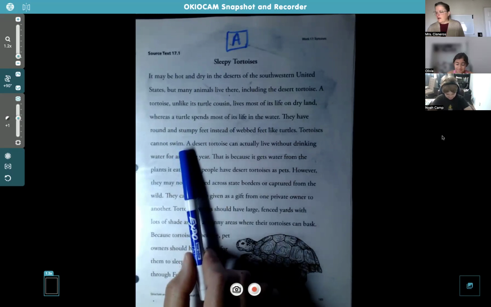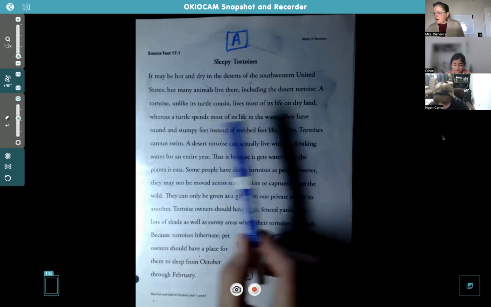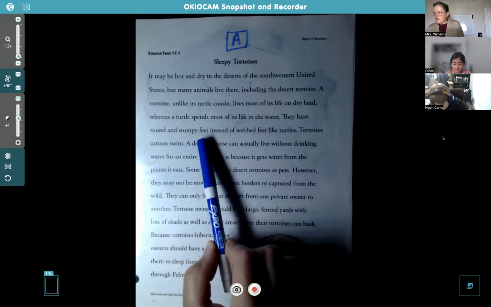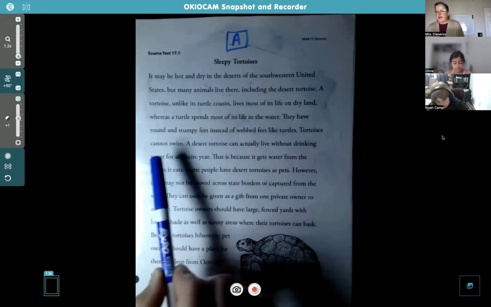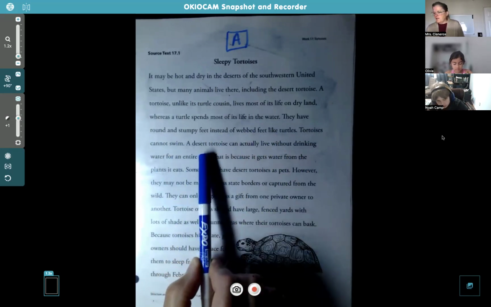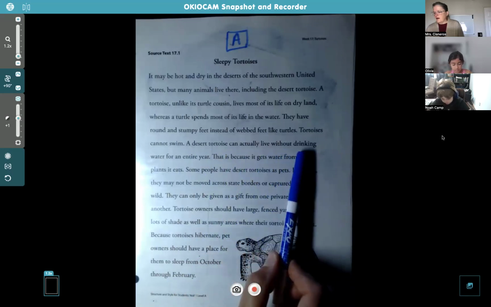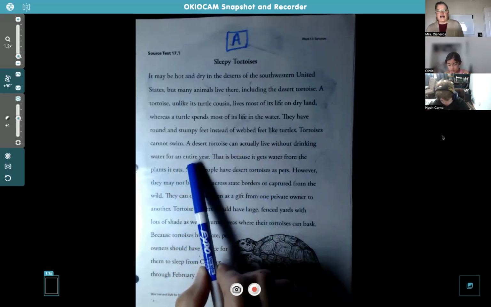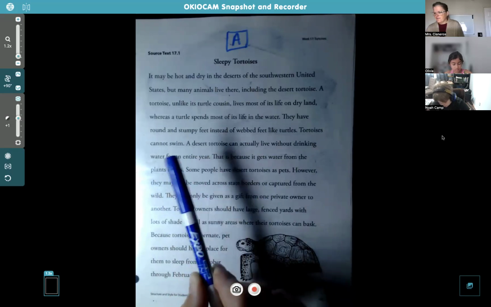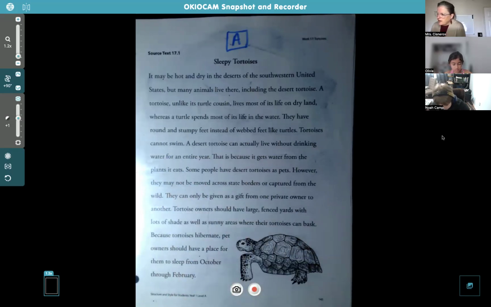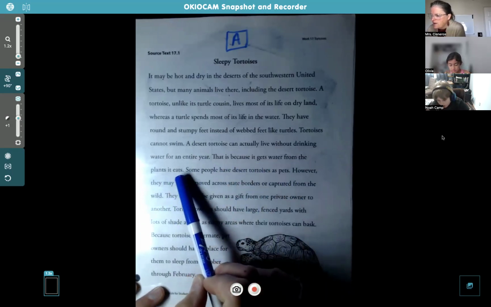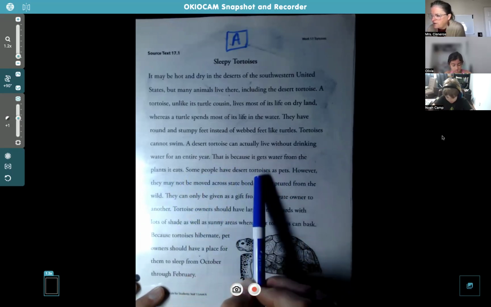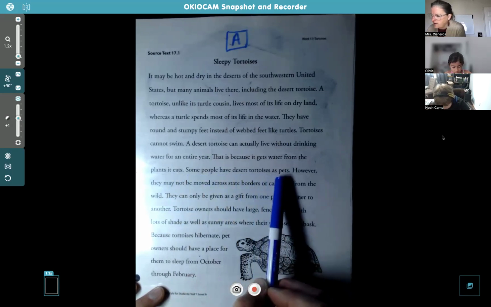They have round and stumpy feet instead of webbed feet like turtles. Tortoises cannot swim. A desert tortoise can actually live without drinking water for an entire year. That is because it gets water from the plants it eats. Some people have desert tortoises as pets.